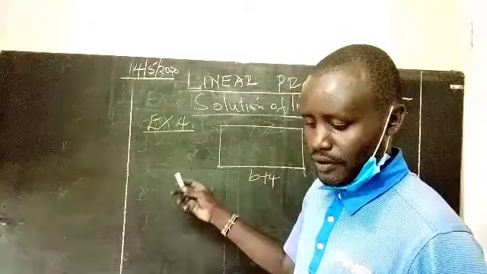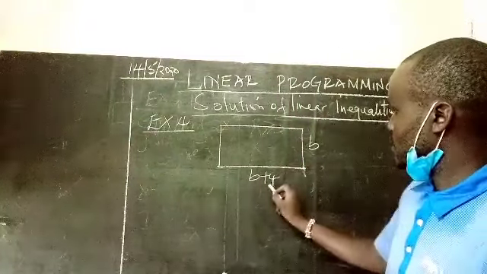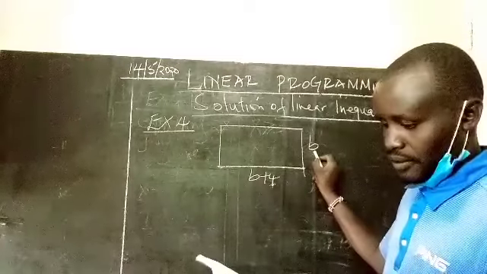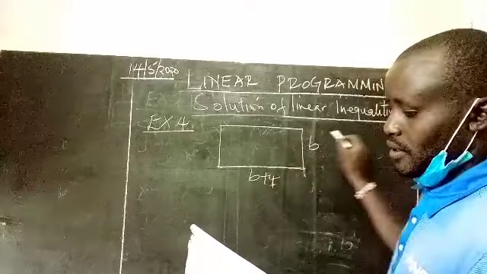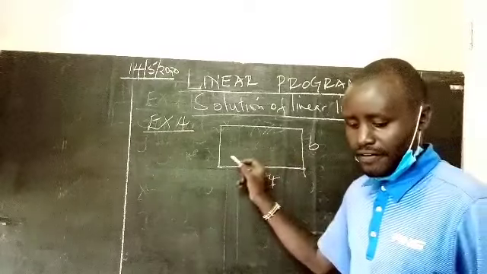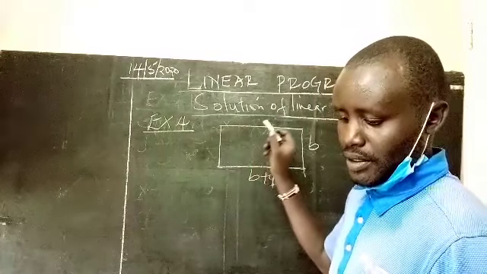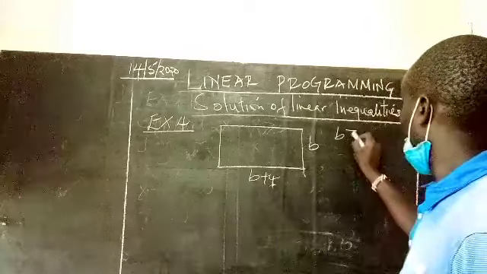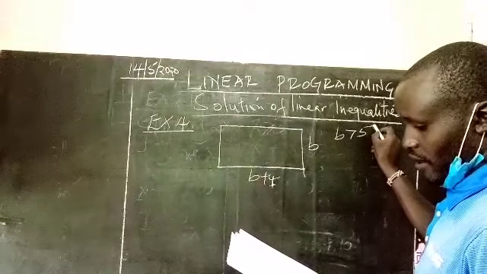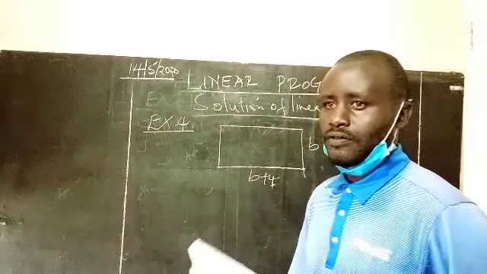So remember that the length of a room is 4 meters more than its width. The width of a room is greater than 5 meters, meaning b is greater than 5 meters.